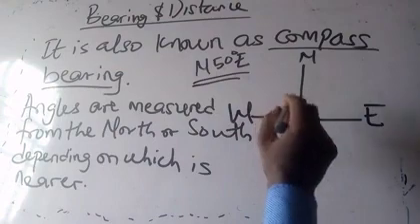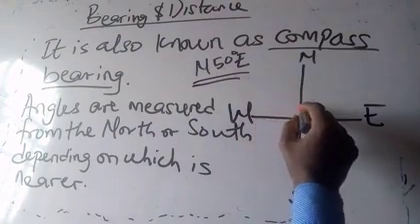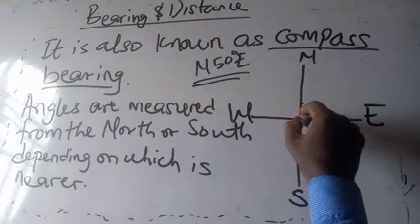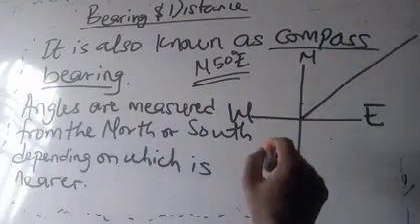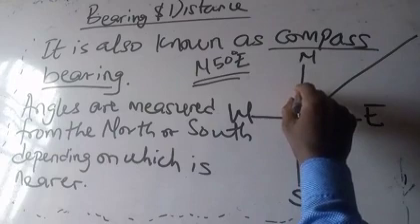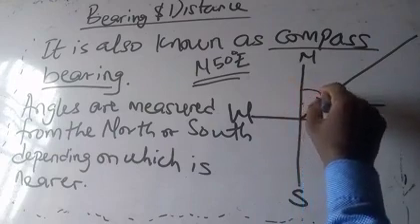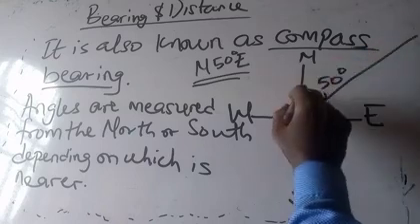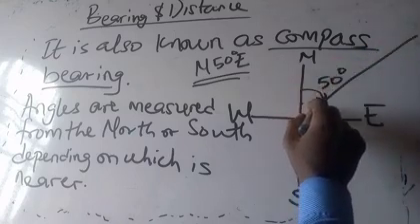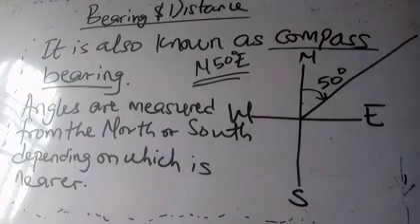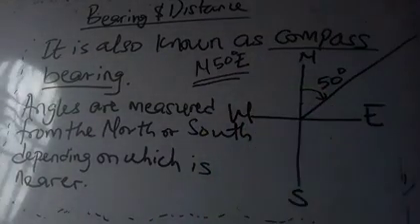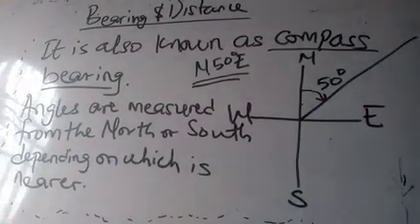That is, the direction is being measured from the north to east, which is 50°. So this is the point of origin, 50° north of east. It moves clockwise.